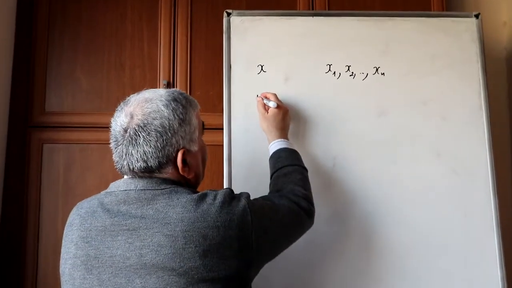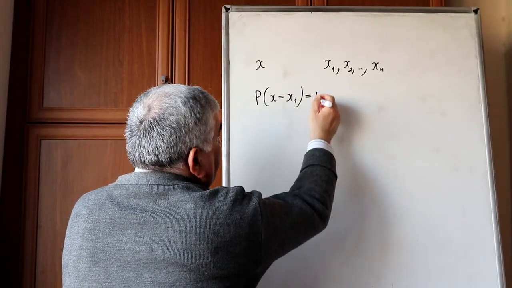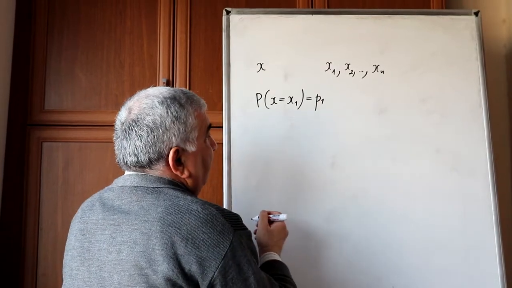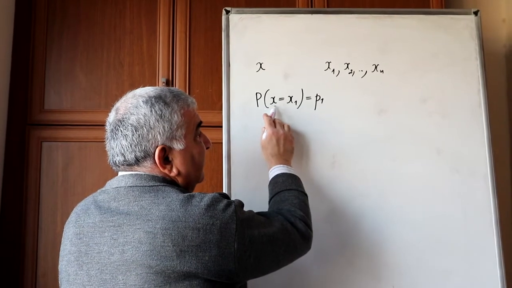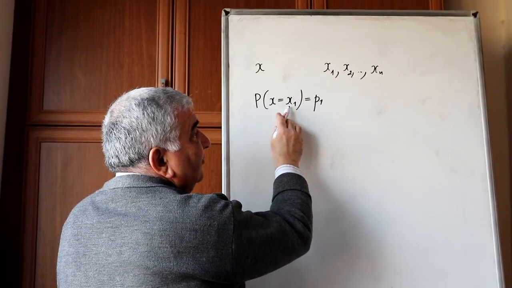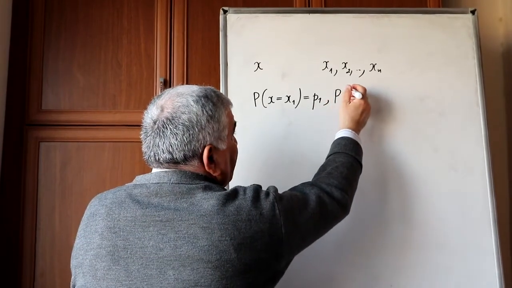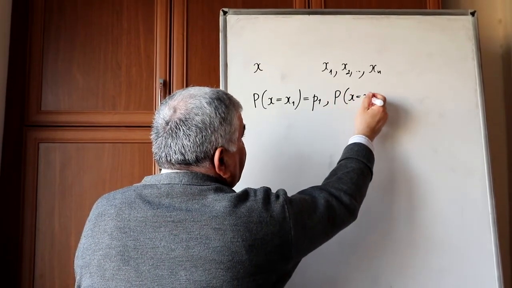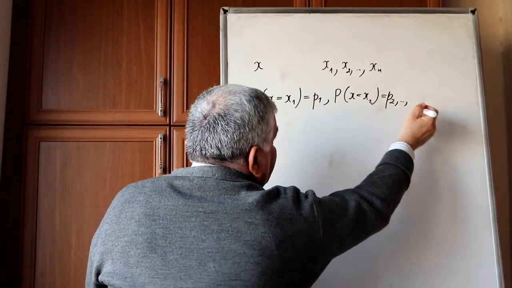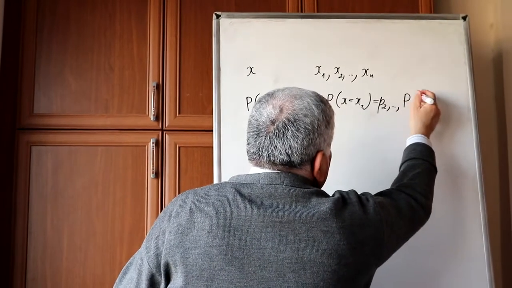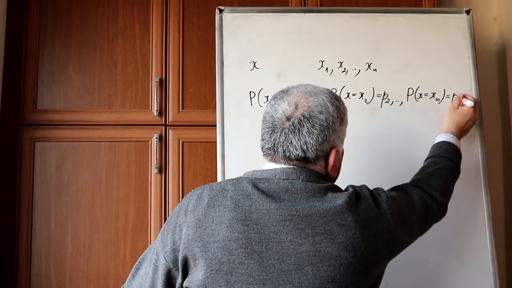Let P of x equals x1 be p1. It is the probability that x will take the value x1 is p1. Then P of x equals x sub 2 is p little 2, etc. P of x equals x sub n equals p sub n.